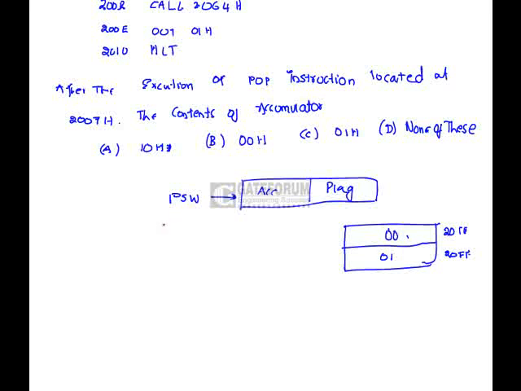So POP PSW means this is 00, this is 01. So POP PSW means the lower order byte is loaded into the flag and the higher order byte is loaded into the accumulator. So the accumulator content after execution of this particular instruction is going to be 00. That is option B is correct.